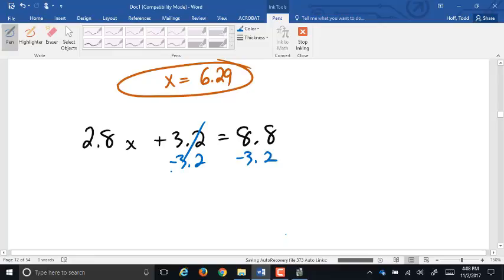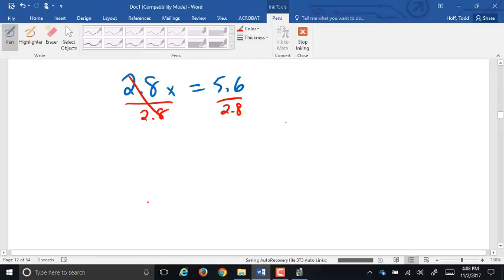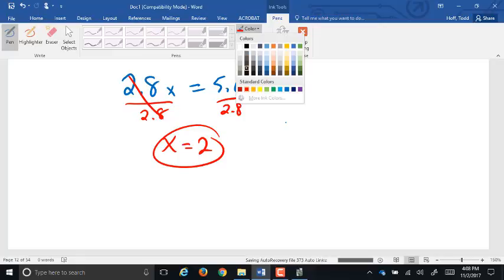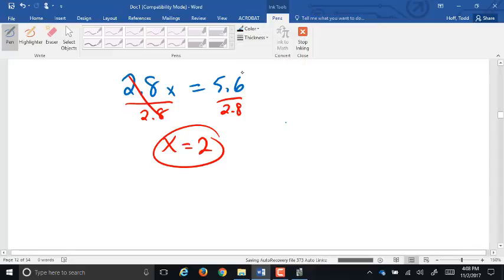So we get 2.8x equals 5.6. And then divide by 2.8 gives us x equals 2. Any questions on that one? Okay then.